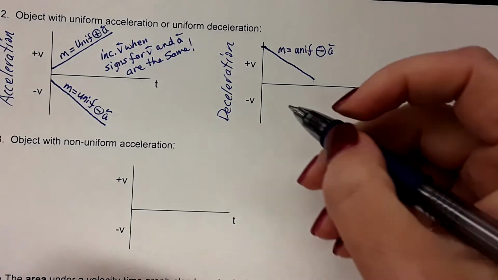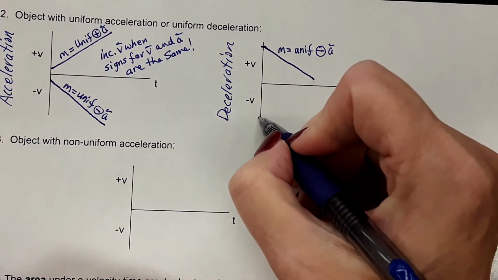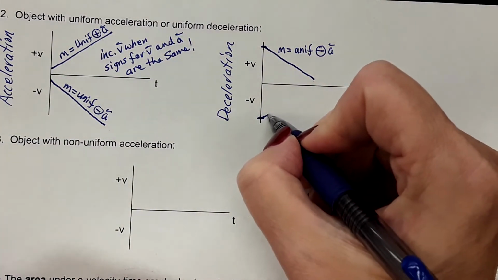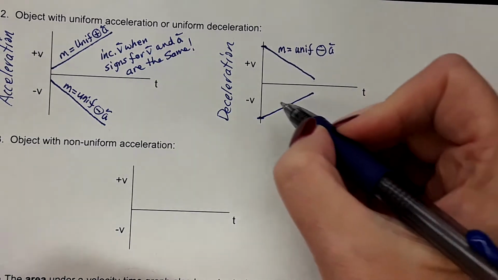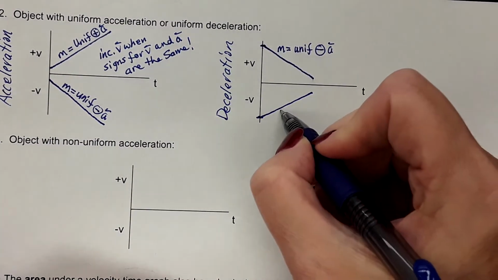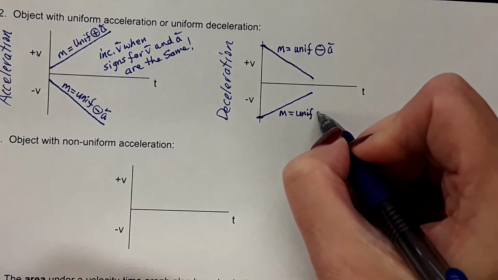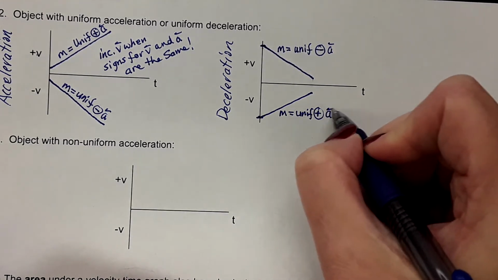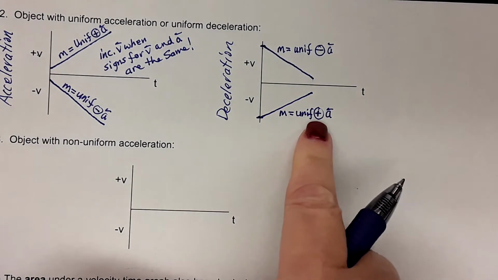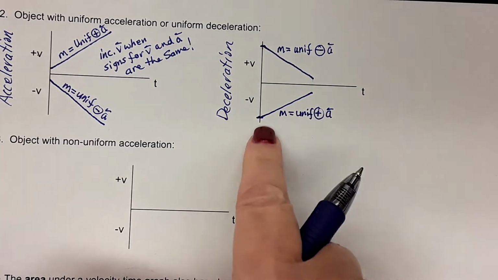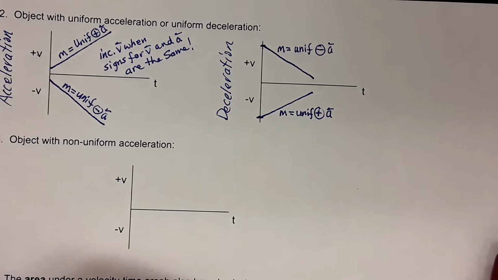Can you do the same thing in the negative direction? Of course. You start with a bigger negative velocity and you go to a smaller negative velocity down here somewhere. So you have a uniform slope, but it has a positive sign. It's a positive slope. So add a positive to a negative, your negative gets smaller. Starting to get the idea? I hope so.